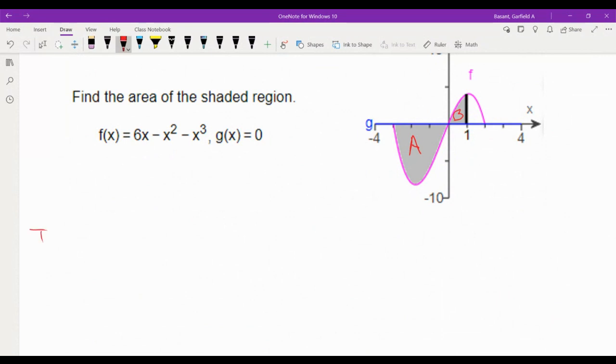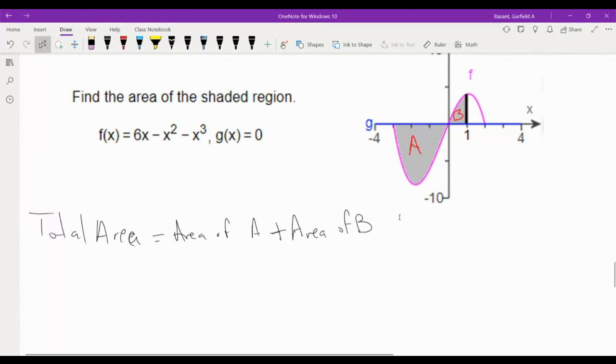So the total area will be the area of A plus the area of B. Do we agree with that? We're just adding the two areas together.